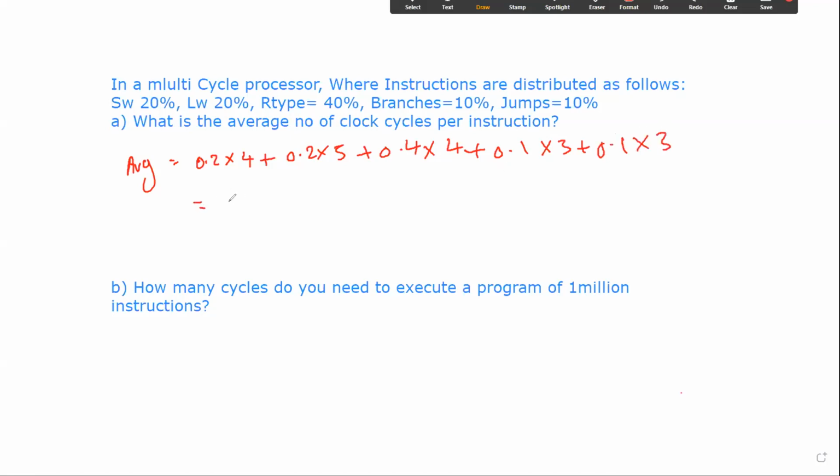So this is 0.8 plus 1 plus 1.6 plus 0.3 plus 0.3.